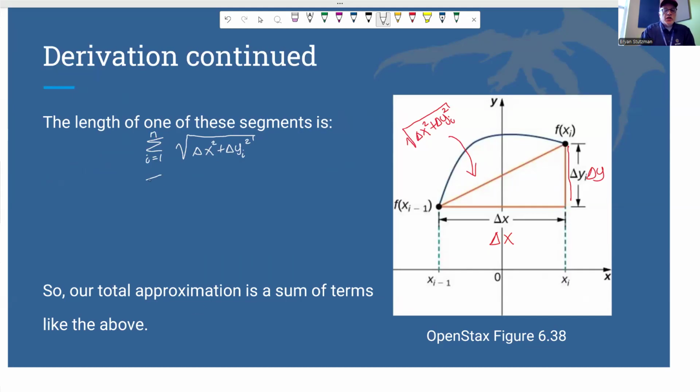I'm going to do some algebraic manipulation and factor out a delta x squared. What's left, if I pull it out, is a 1, because delta x squared times 1 is delta x squared, and the next term will be delta y sub i over delta x, squared.